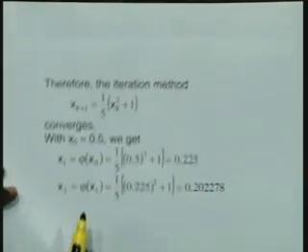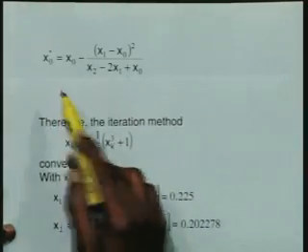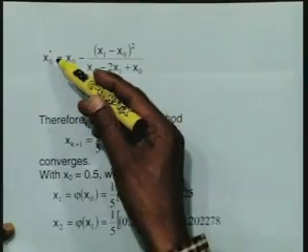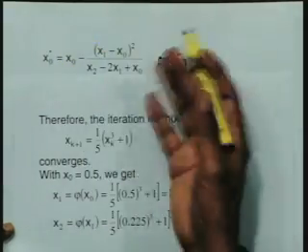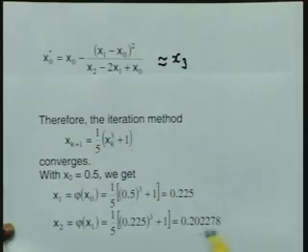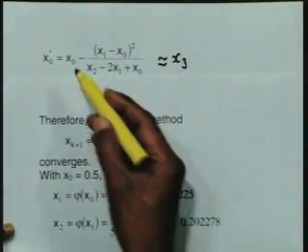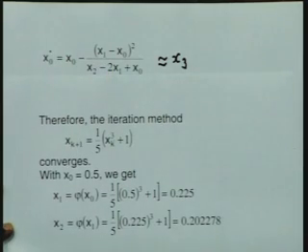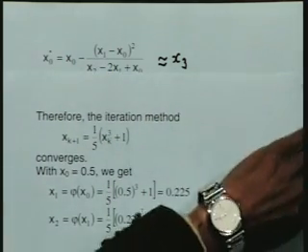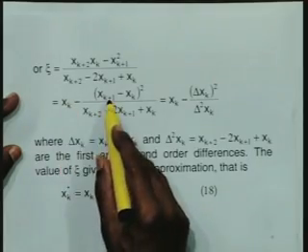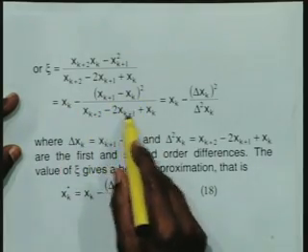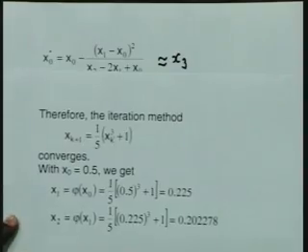We call it x0 star, but you can indeed call it x3, in continuation. x3 will be x0 minus, substituting k equal to 0, x1 minus x0 whole squared over x2 minus 2x1 plus x0. So that is what I had written here.